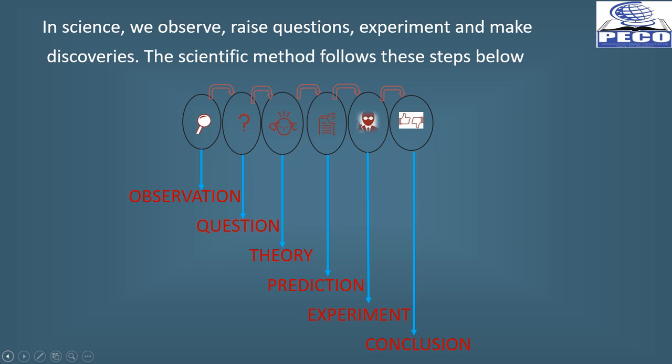As we shall see later, most of these scientific experiments are just to verify, but they came up because of observation and asking questions. After observing, people formulated theories and made predictions, but they did experiments to verify whether their predictions were correct until they concluded. And that is the scientific way of solving problems.